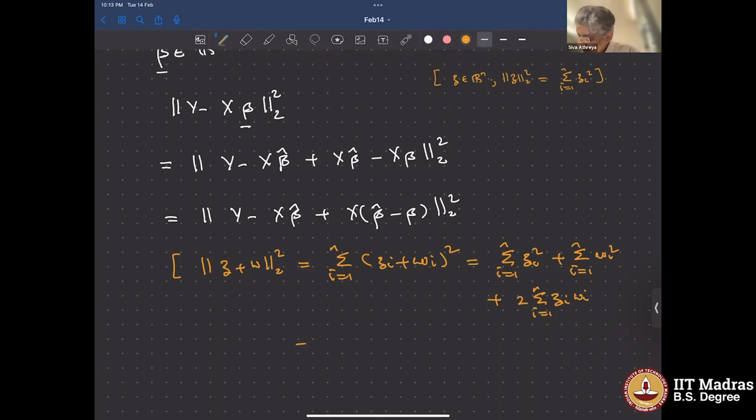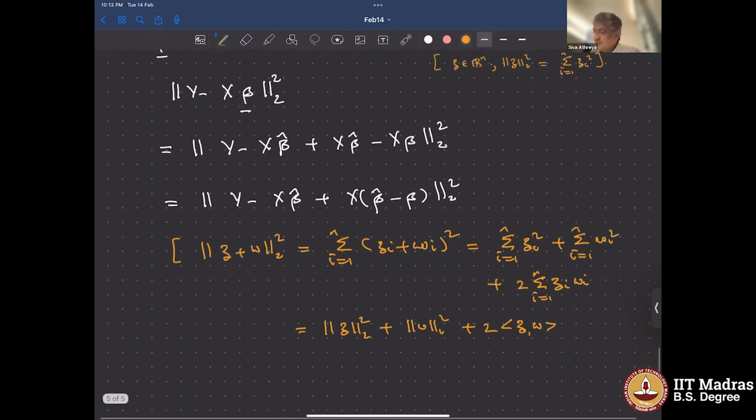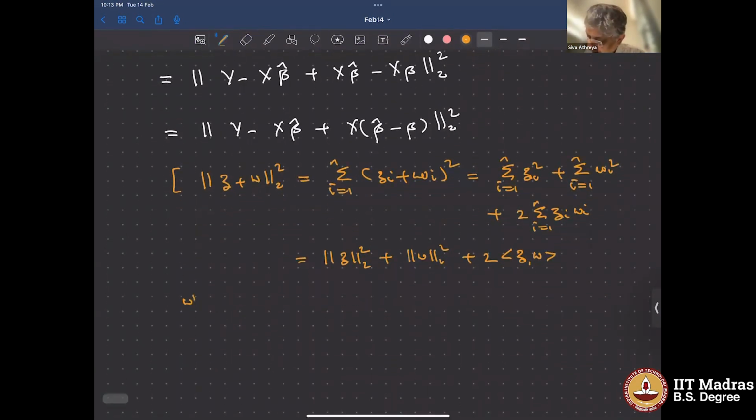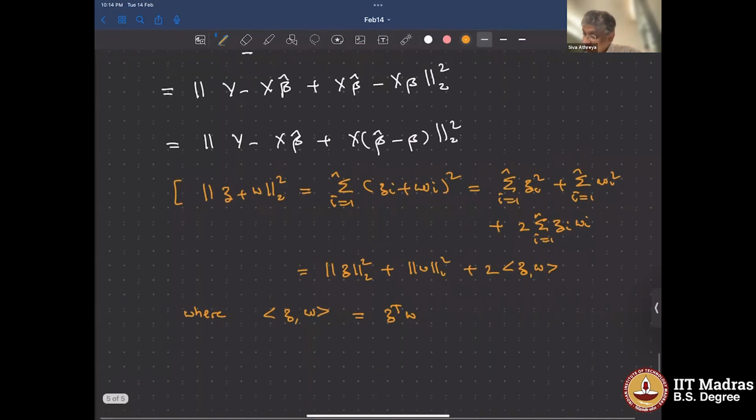I'll write this as the norm of Z squared plus the norm of W squared, and this last one as an inner product, which for any two vectors is Z transpose times W. Let me rearrange this so it's all clear.